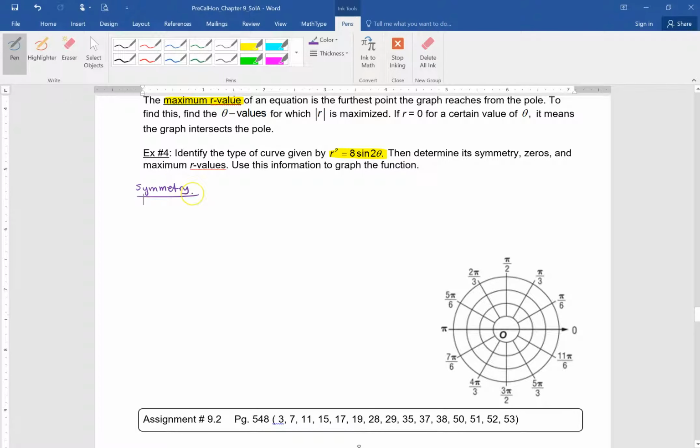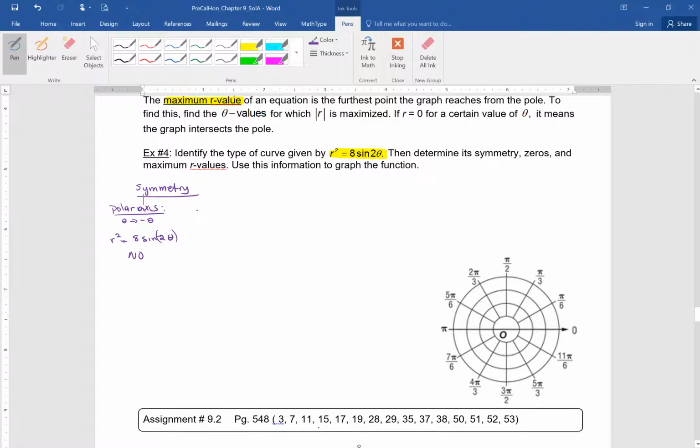All right, so to check if it's symmetric around the polar axis, what would we do? Change theta into negative theta. So this is going to be r squared equals 8 sine 2 negative theta. Does that work? No.